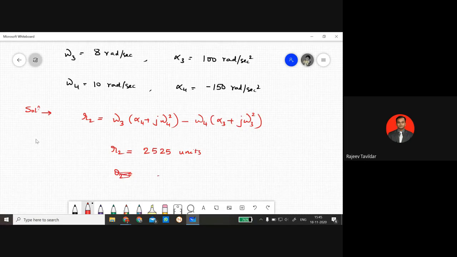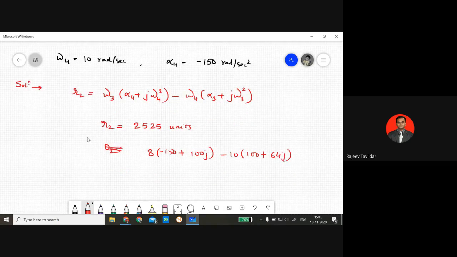Just solve this. 8 into (alpha 4 is minus 150 plus 100j) minus 10 into (100 plus 64j). Sir, I made a mistake. I have taken omega 3 as 10. Maybe because of that I got different answers, sir.